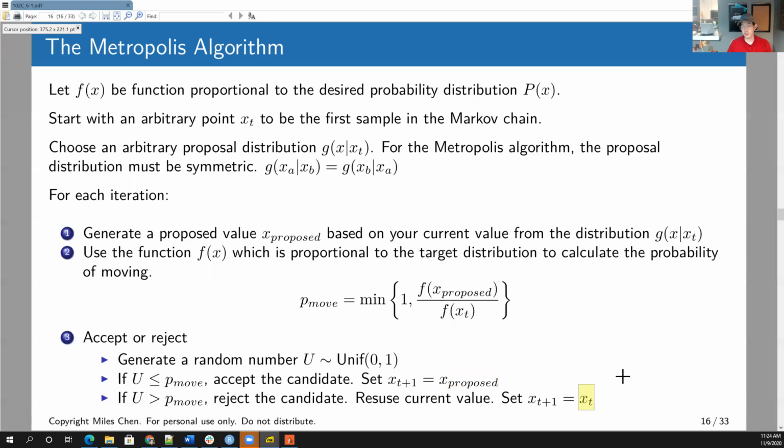One thing about the Metropolis algorithm is that in the samples it produces, you might get values where the same value appears more than once, which will never happen if you're drawing random independent values. If you're drawing random independent values from a continuous distribution, what is the probability that you're going to generate the same exact value twice?